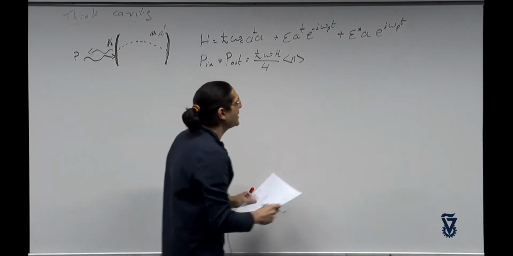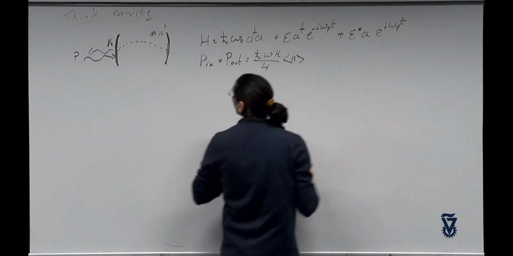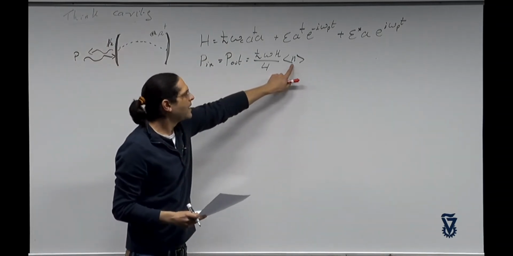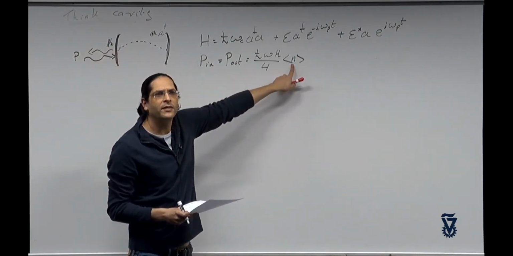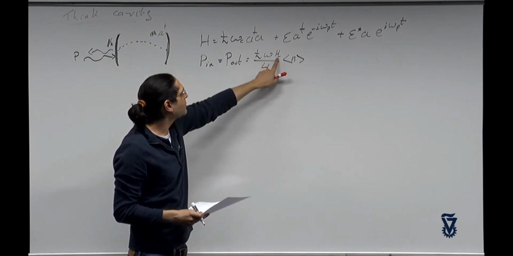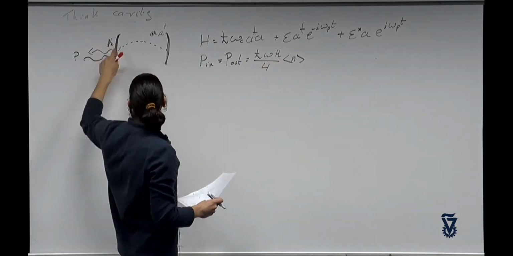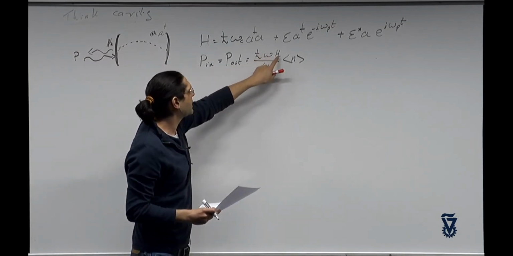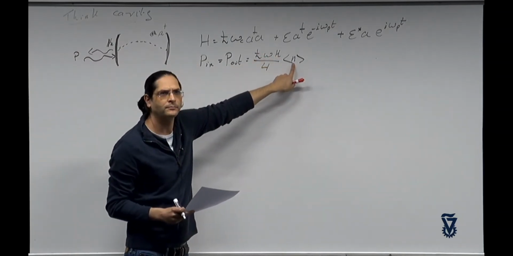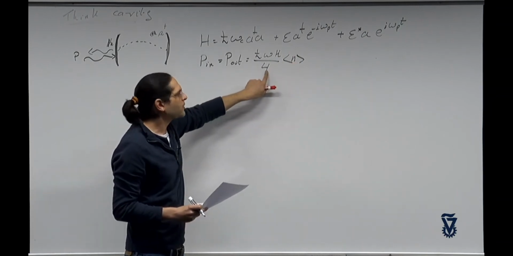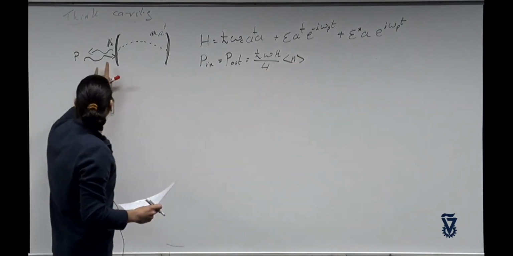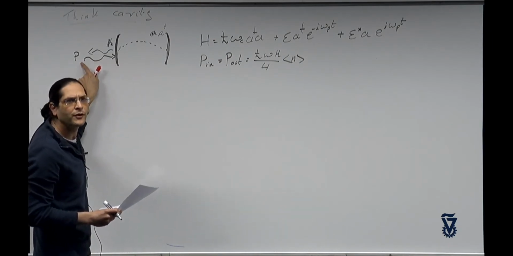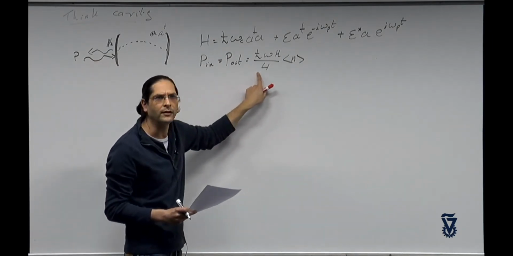So if I just had some cavity, say I wasn't pumping it at all, but somebody put in some coherent state with n bar, then it would leak out at a rate kappa. So the power that I would see coming out of the cavity is just going to be some h bar omega kappa times n bar. This factor of 4 comes from the fact that I'm driving and there's reflection, so the interference causes this factor of 4 over here.